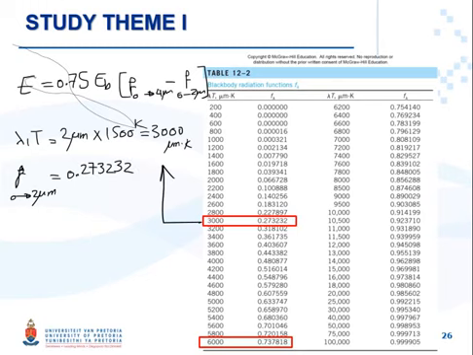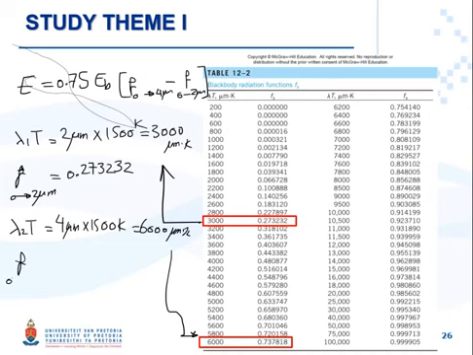The same story will happen for the second one. Lambda 2 T is lambda 2, which is 4 micrometer multiplied by 1500 Kelvin. It's 6000 micrometer Kelvin. We go to the table, 6000, so F 0 to 4 micrometer is equal to 0.737818.